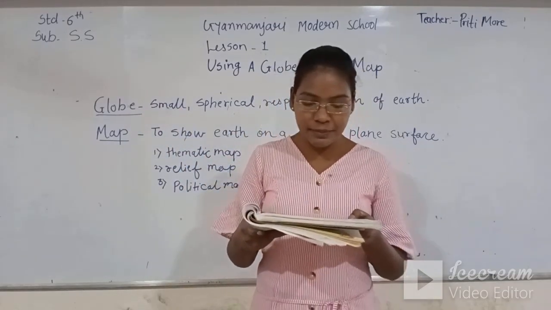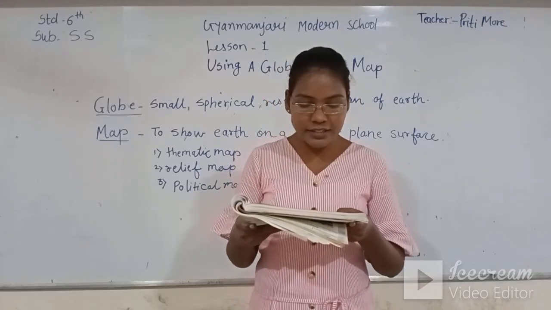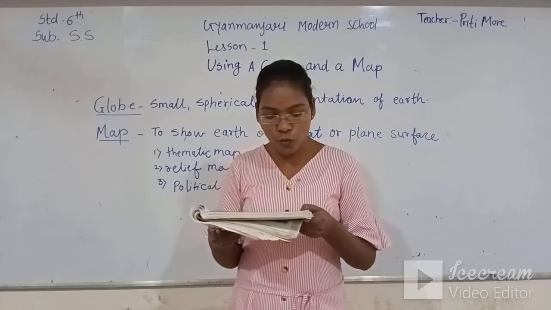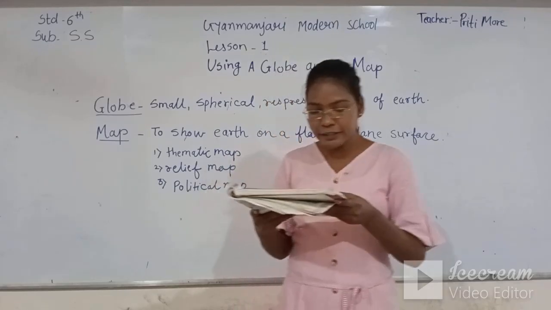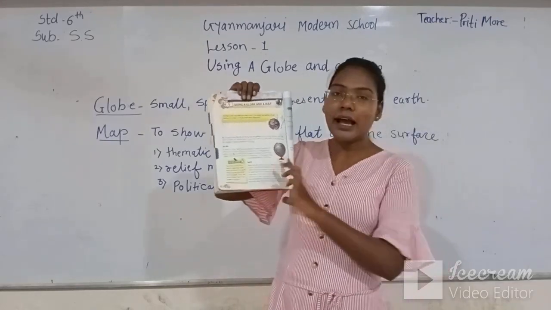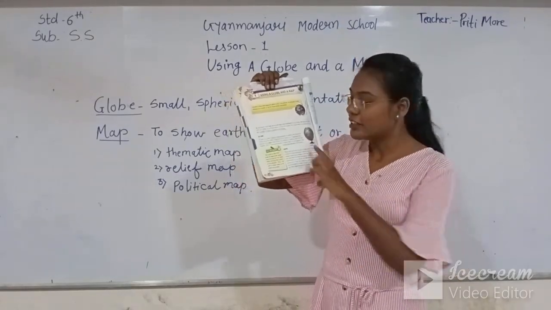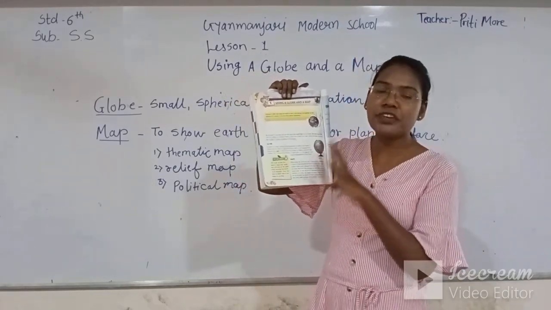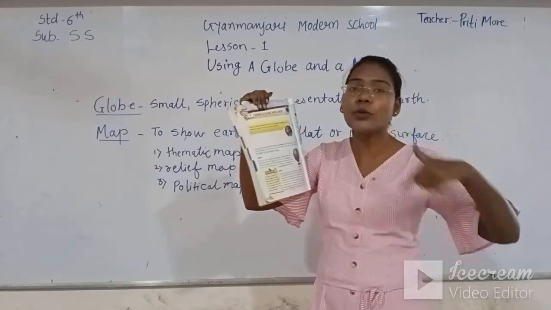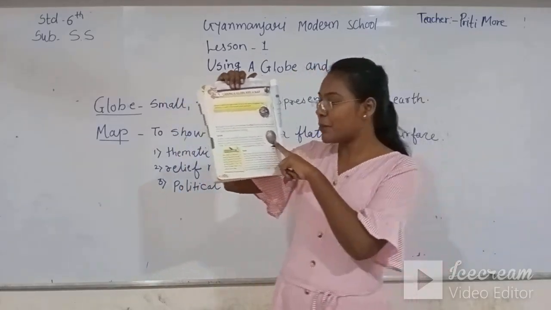A globe is a small spherical representation or model of earth. It shows how the earth is tilted and how it spins on an imaginary line known as an axis. Now see how the earth is tilted on the globe, how the earth is described here, and how it spins and rotates.